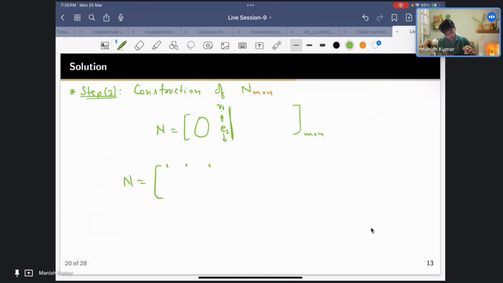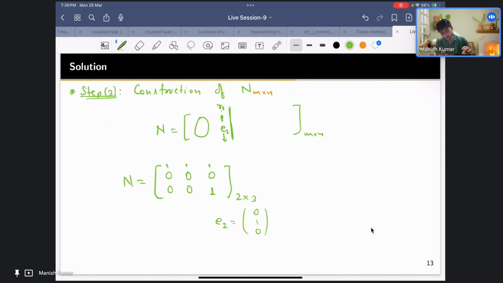So this matrix N is a 2 cross 3 matrix. In the first two columns it will be 0, and in the third column I'll put E2, which is 0, 1, or in column form it is (0, 1). So this is how you can construct this N.